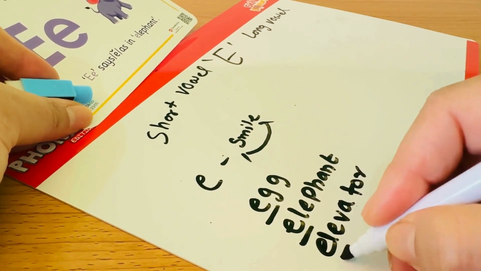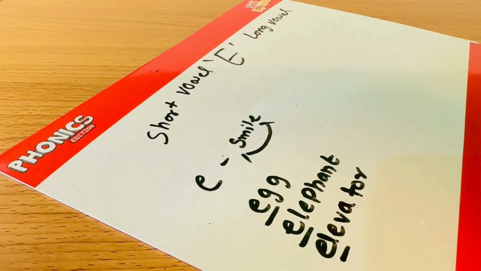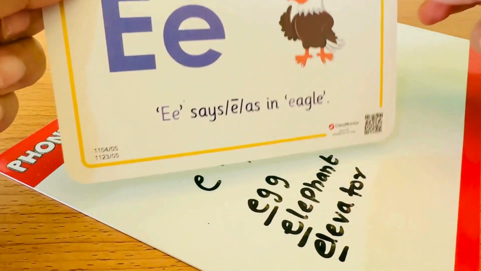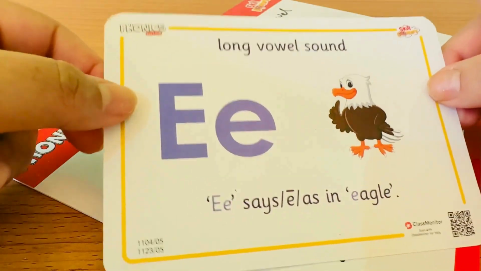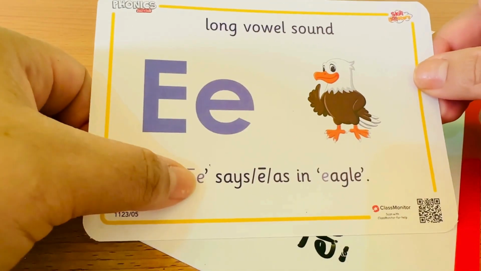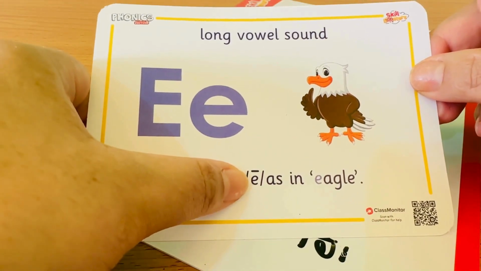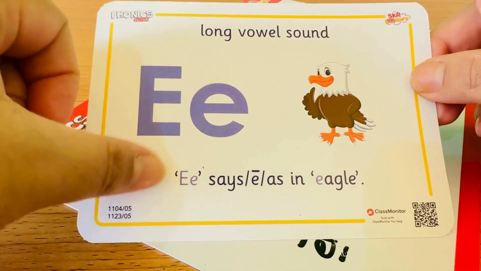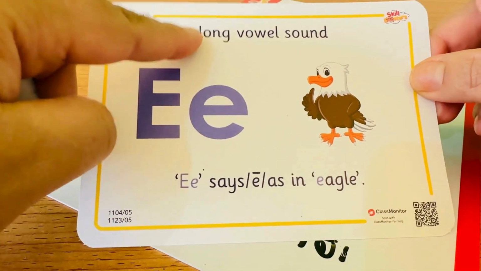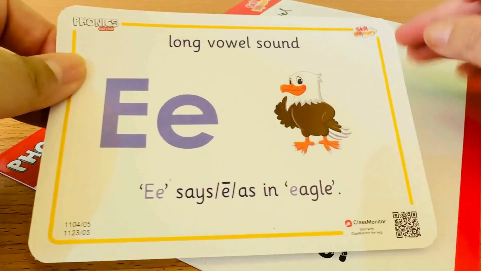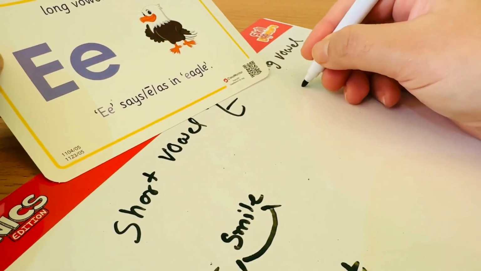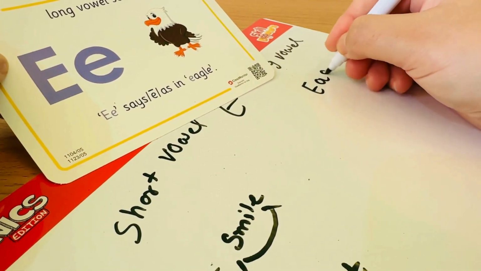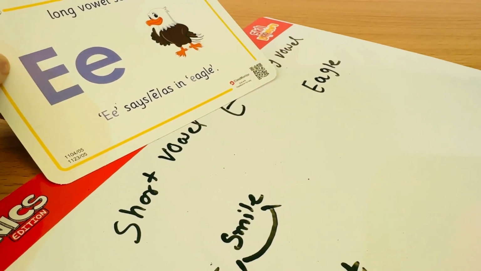Elevator, eh. Now let's see our long vowel E sound. E says E. The original sound of letter E is the long vowel sound. E as in eagle.